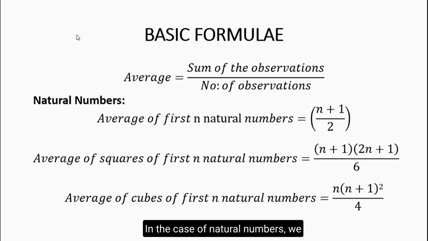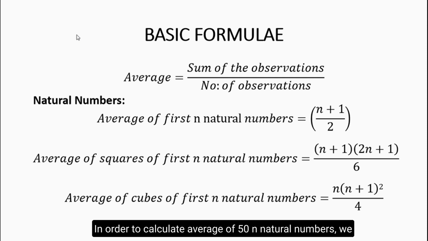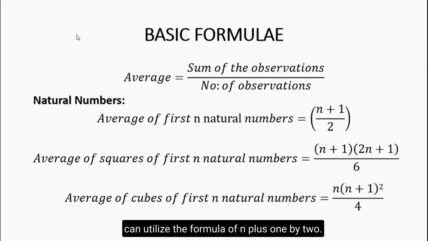In the case of natural numbers, we will discuss the different formulae available. In order to calculate the average of first n natural numbers, we can utilize the formula (n + 1)/2.